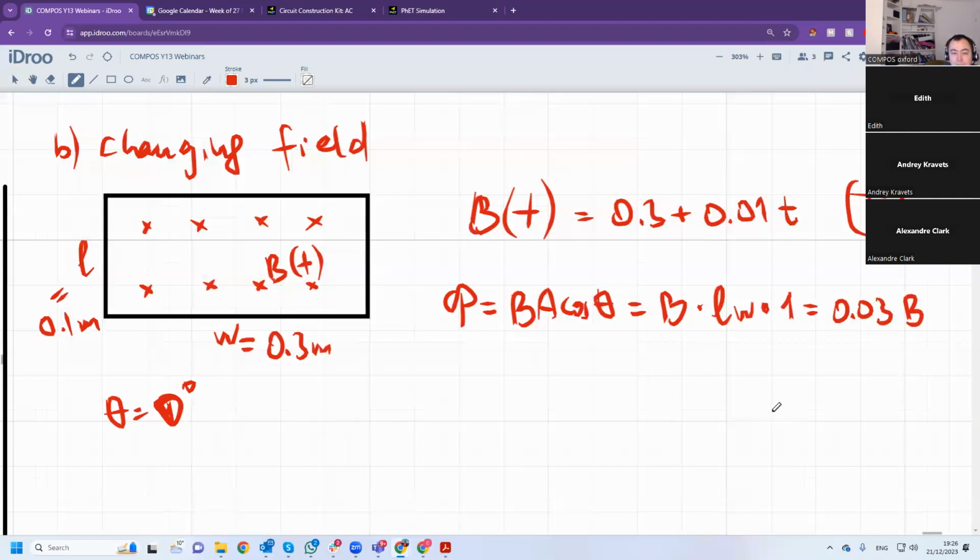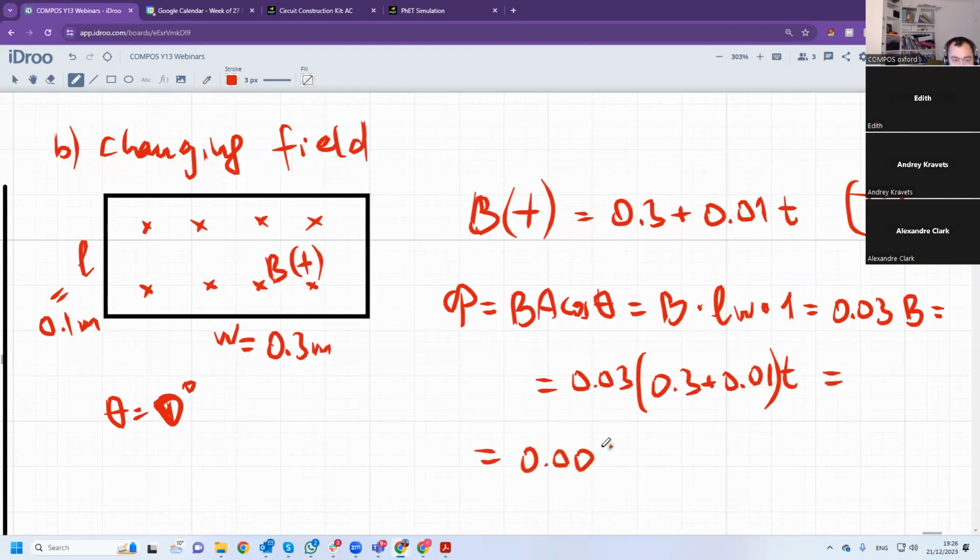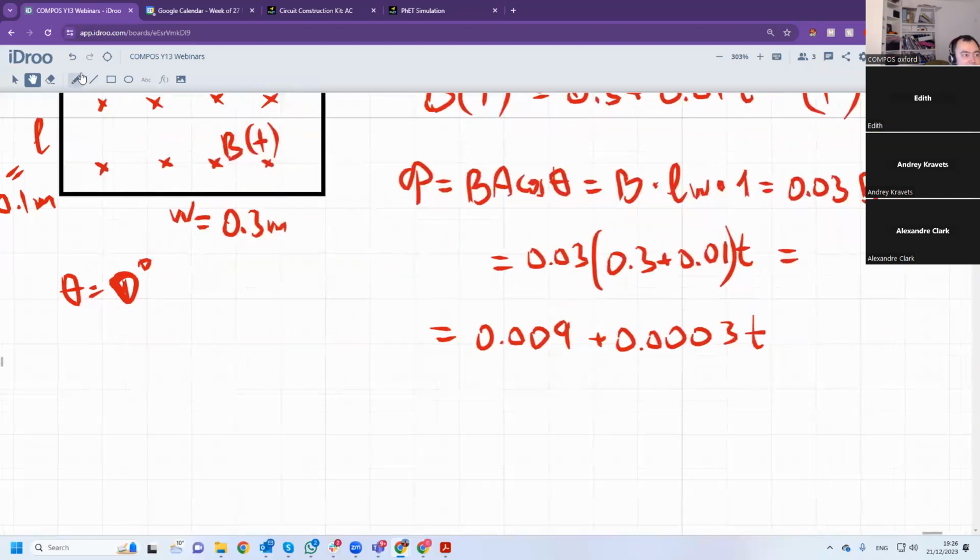0.03B. But we know B. We know that B is 0.03 multiplied by B, which is 0.3 plus 0.01t, which is 0.009 plus 0.0003t, and then EMF is minus d phi dt.